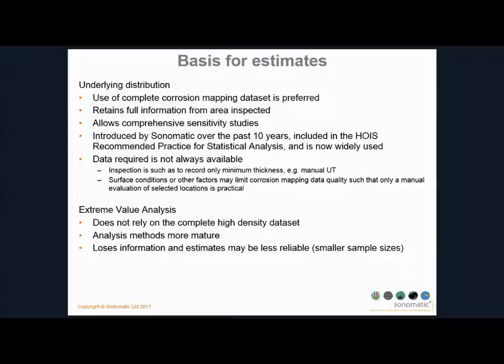There are other situations where the surface conditions or other factors might limit corrosion mapping data quality, so that you can only get manual measurements from that data set at selected locations. So there are situations in which you don't have the full data set and you're looking for an alternative method for analysis in that case. And that alternative is extreme value analysis, which doesn't rely on a complete high density data set.